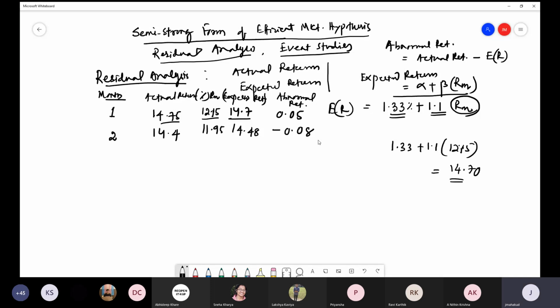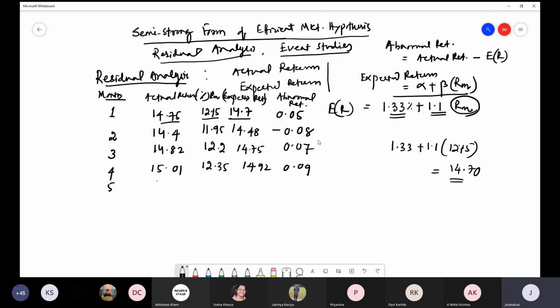Like that in the third period, let it be 14.82, let it be 12.2 market return. Then your expected return has become 14.75, and your abnormal return has become 0.07. Fourth period, let it be 15.01, market return is 12.35. Then your expected return is 14.92, then it is 0.09.